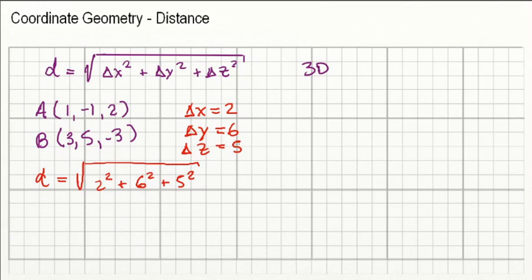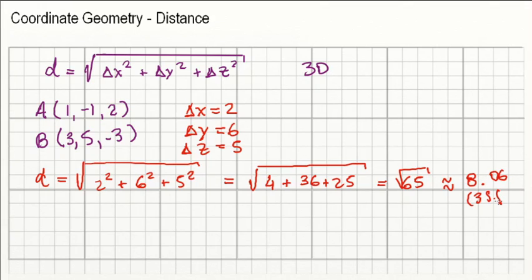What I've done here is each of those squared. 2 squared is 4, 6 squared is 36, and 5 squared is 25. So this would be root of 65, which is approximately 8.06, 3 significant figures.